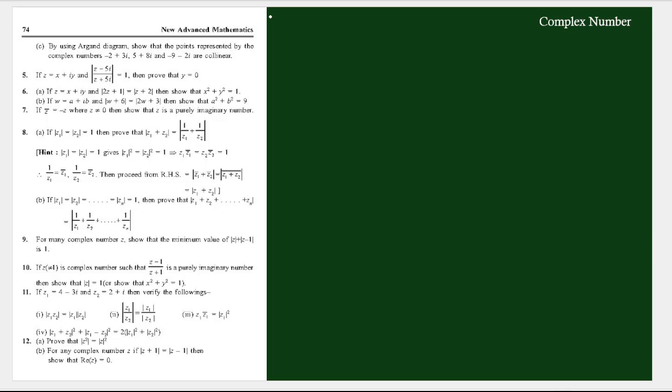Okay, let's try to do it. Let's write down the given. z equals x plus iy, and what do we have? z minus 5i over z plus 5i, this is equal to 1.